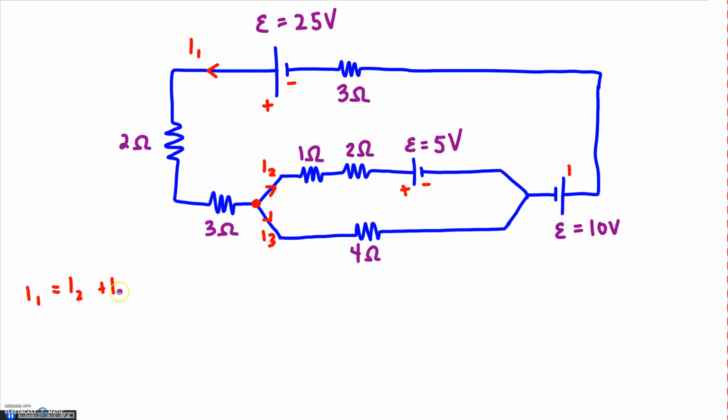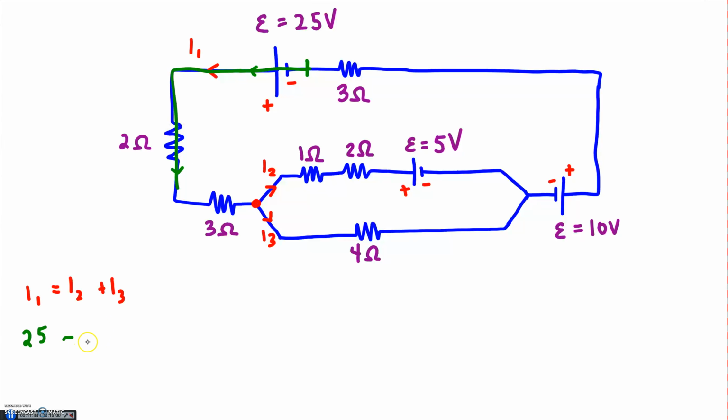Some follows the bottom. Okay, let's make a full loop. I'll start right here, and hey, I just went through the battery. I just gained energy because I'm going the right way. My positive 25 volts there. We're going into the negative and out of the positive. We keep following the loop around, and I just went through a resistor.